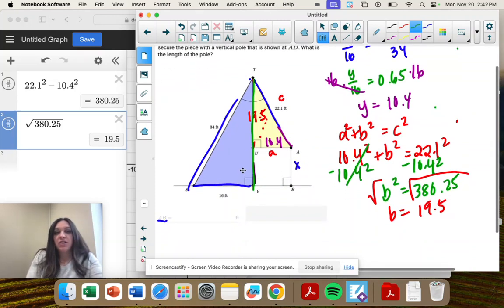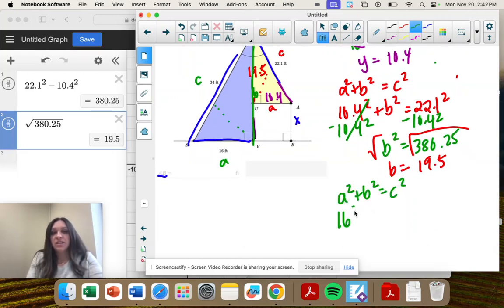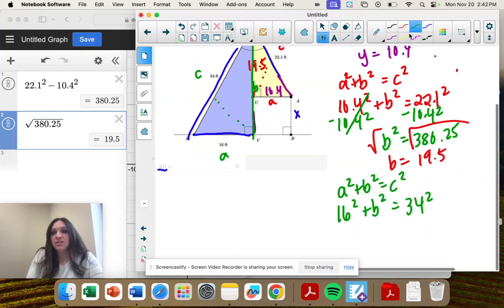So I'm going to do Pythagorean theorem again. This time this is C, A, and B is going to be our missing term again. So A squared plus B squared equals C squared. A is 16, B is B, and C is 34. And it's the same steps we've been doing. I'm going to subtract 16 squared.